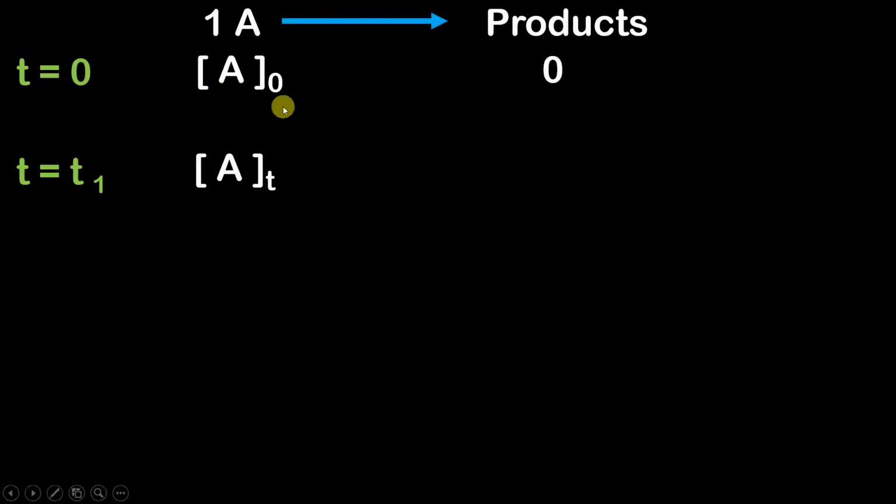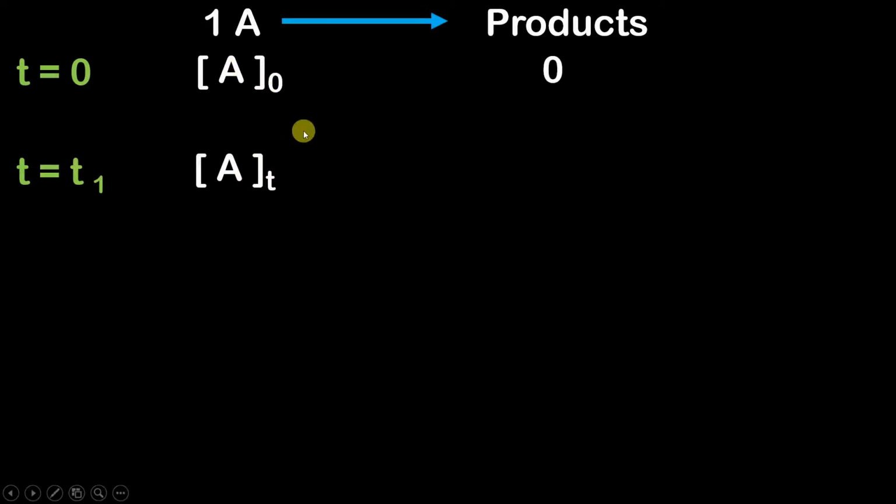Obviously molar concentration A0 will be greater. Why? Because after certain time t1, some amount of reactants get converted into products. Therefore, the amount of reactants decreases, and if the amount of reactants decreases, then obviously the concentration of reactants will also decrease. Therefore, At will always be less than A0.